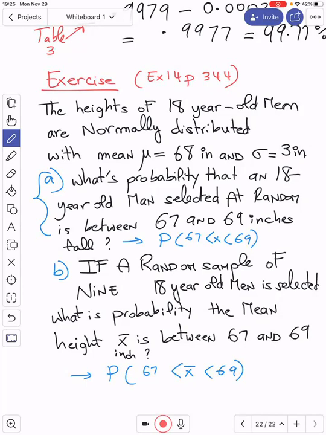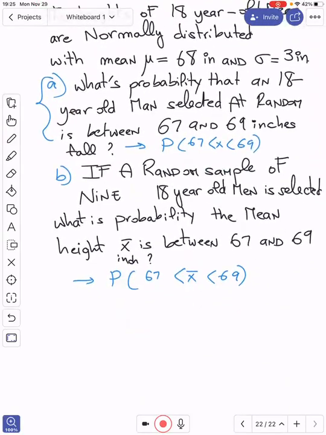Well, I guess we can solve this together. So for A, we need the probability that an 18-year-old man, just a single man selected at random, is between 67 and 69.